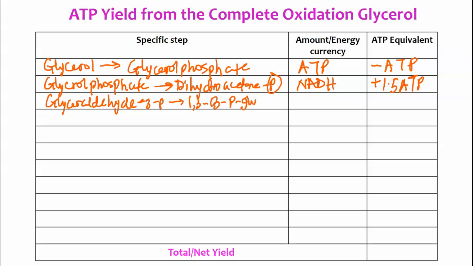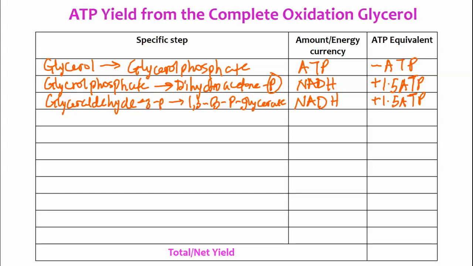I'm going to use a shortcut, glycerate. Here, 1 NADH was generated. And remember, this is also happening where? In the cytoplasm. Glycolysis happens in the cytoplasm. It will generate plus 1.5 ATP.